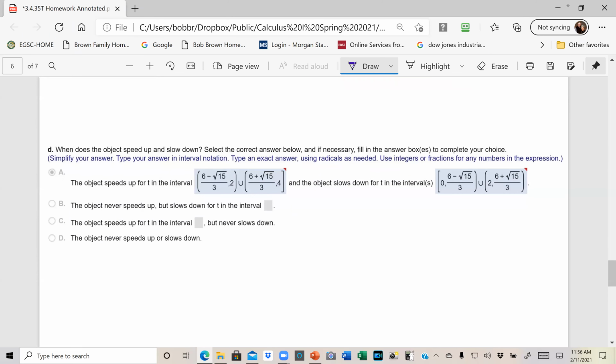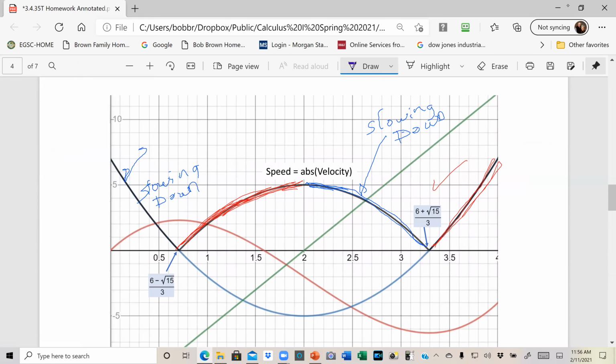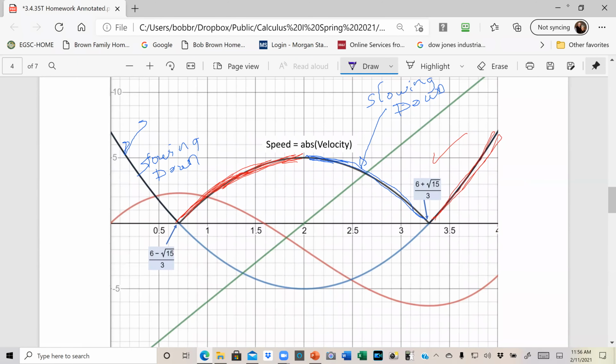Now we're asking when does it speed up and when does it slow down? And we will answer that by going back to the curve again, looking at the speed. It's slowing down here and it's slowing down here.